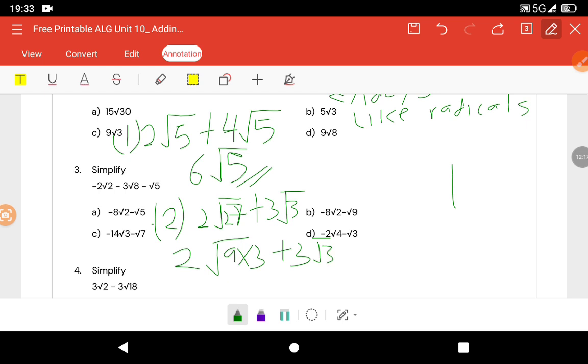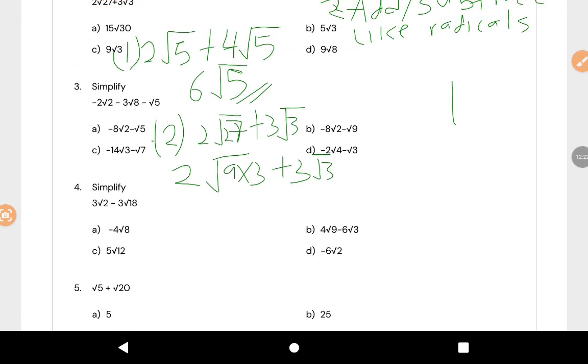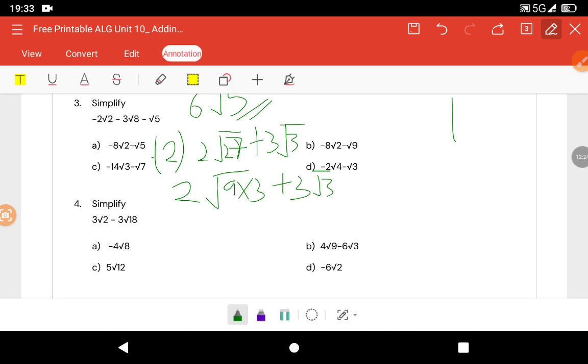Okay, so let's move further. So we have 2 root 9 times root 3. It means you can break this root 9 times root 3. That's the next step.